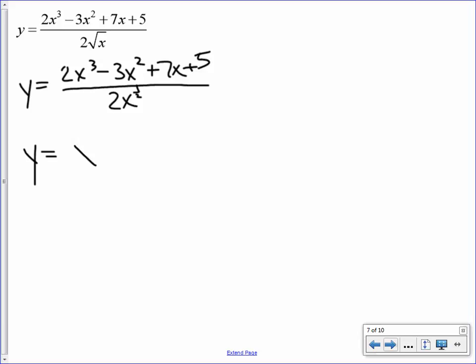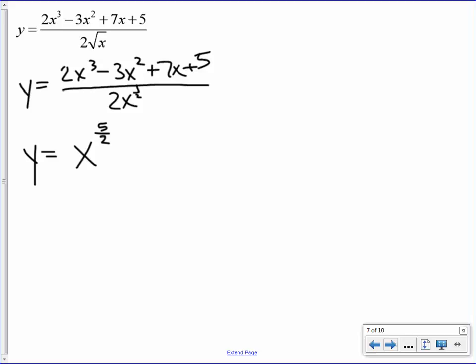So 2 over 2 is 1, and then we'd be left with x to the 6. Wait, are you dividing 3 by 1/2 or what? No, we're subtracting. 5 1/2. Thank you. When we divide, our exponents are subtracted.